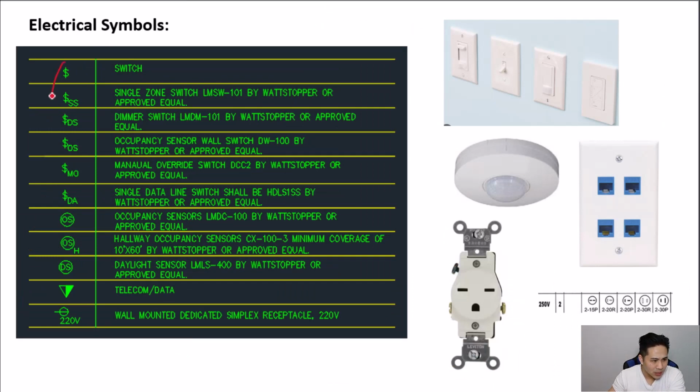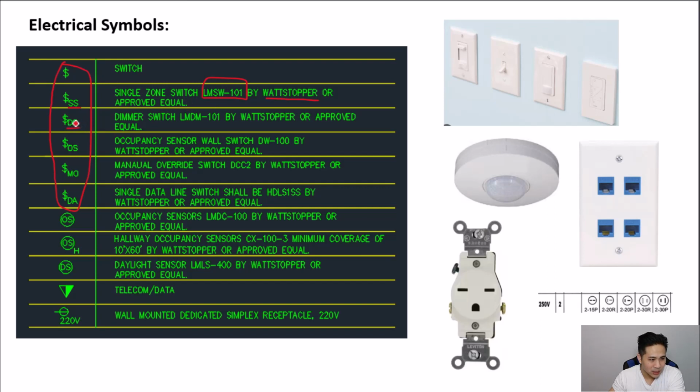So these represent switches. It looks like a dollar sign. And we also have these notations here, which specify a different type of switch. So an SS would be, in this case, we labeled it with this model number by Watt Stopper. It's the manufacturer of this type of switch, or approved equal. Okay, so we have a DS.